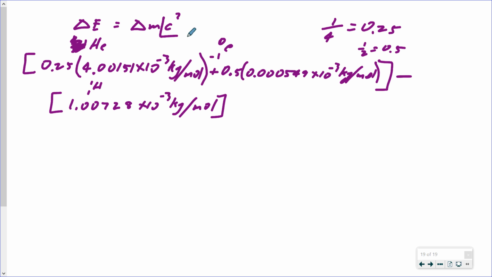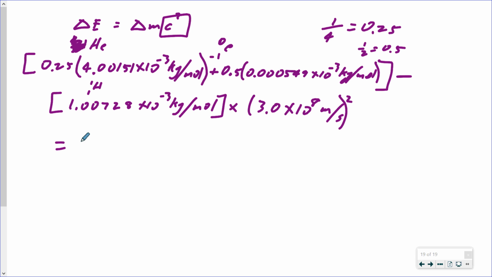Now I need my c squared, so I'm just going to write that in here right away as well. You should add and subtract first, and then multiply by the speed of light squared. So that is our 3.0 times 10 to the 8 meters per second, all of that squared.